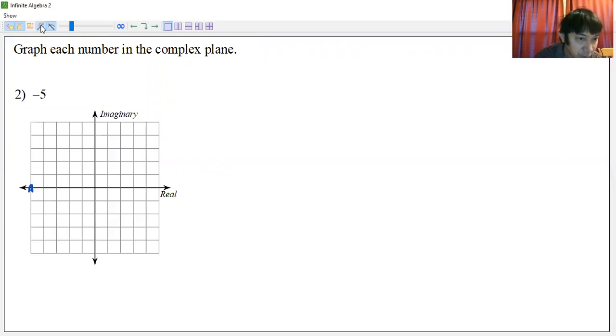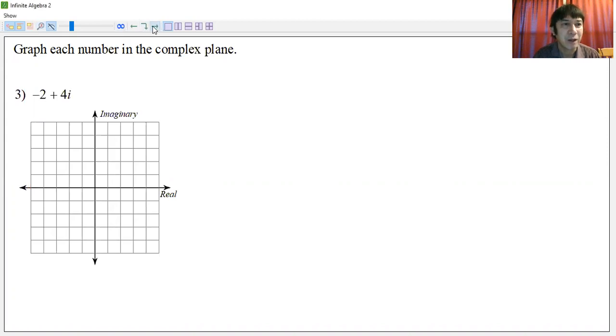You can see the red, and that's the answer. That's for our number 2. Let me remove my answer so you can see the red. It is exactly where I placed the blue point. Let's continue with the third.